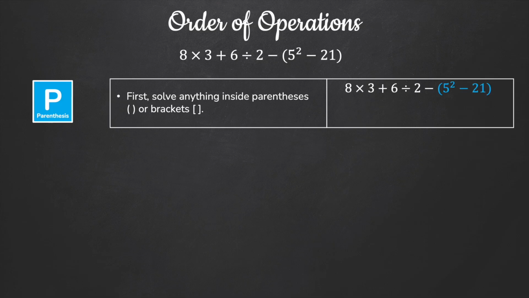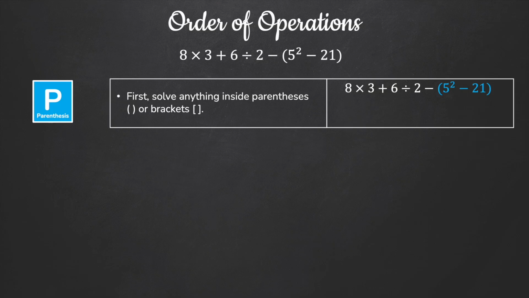And notice that I made everything in our parentheses blue to help us better focus on what we need to do first. We do have a couple things going on in our parentheses, which are our exponent and subtraction. Please remember that within our parentheses, we still have to follow order of operations.